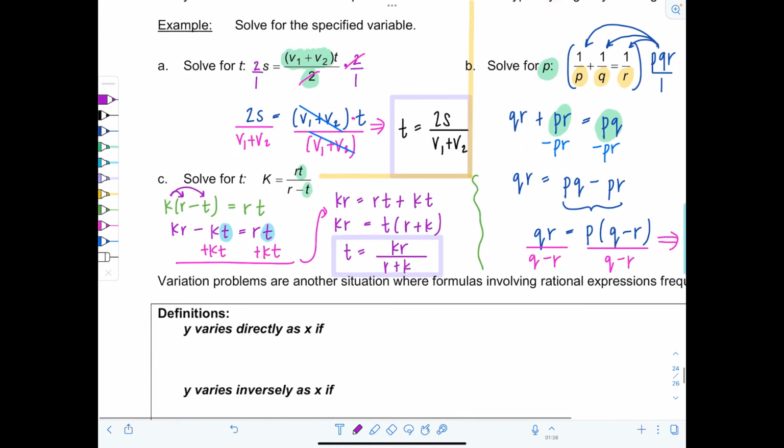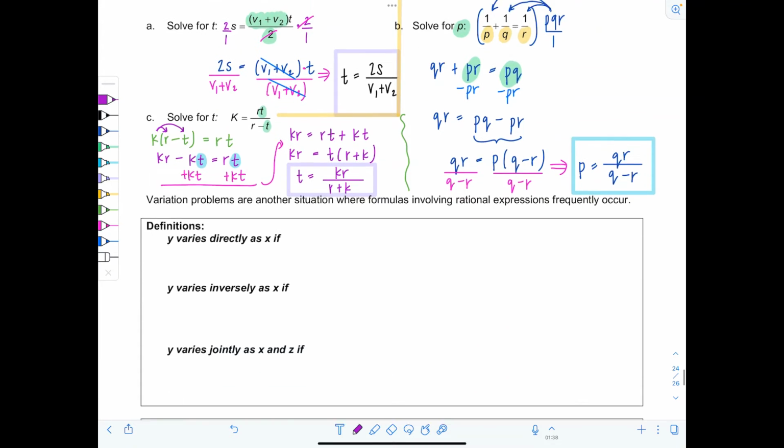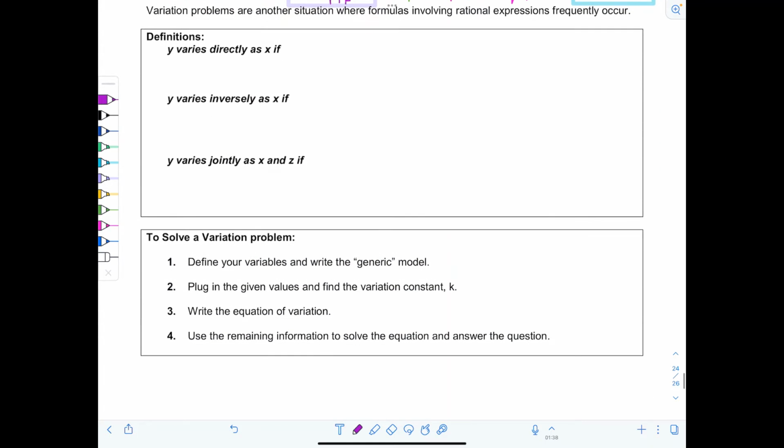Now, variation problems are another situation where formulas involving rational expressions frequently occur. So there's a little bit of terminology you have to get under control in order to solve these problems. We say that y varies directly as x if one of those variables increases and the other one does also.